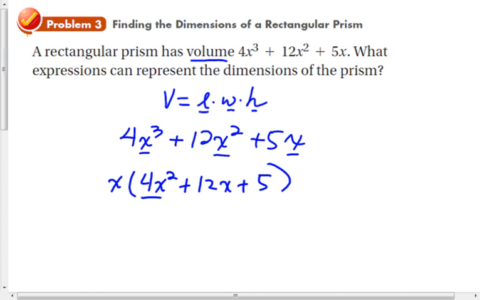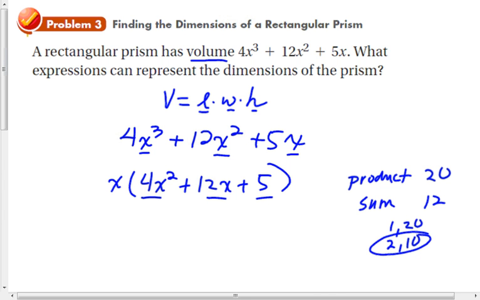Now this trinomial, I'm going to look for factors of that. And so I need numbers that have a product of 4 times 5, which is 20, and a sum of 12. And so thinking of 1 times 20 is 20, 2 times 10 is 20, and those two add up to 12. So those are the ones I'm going to use.